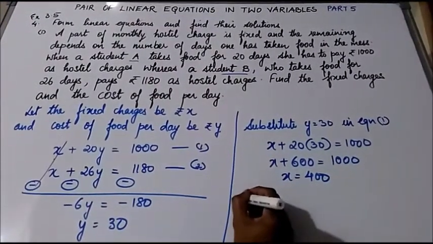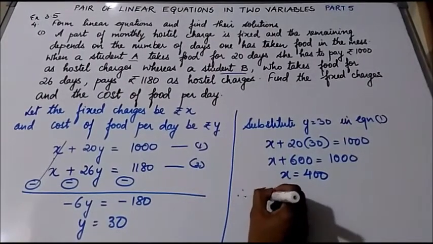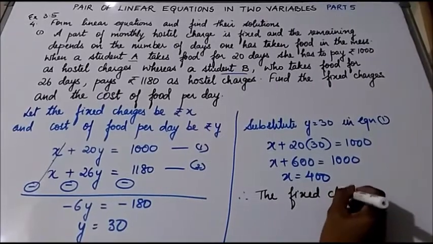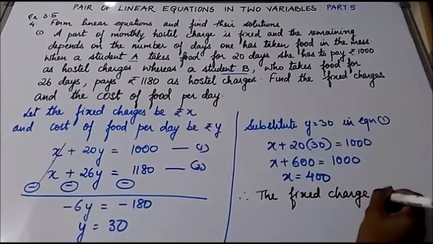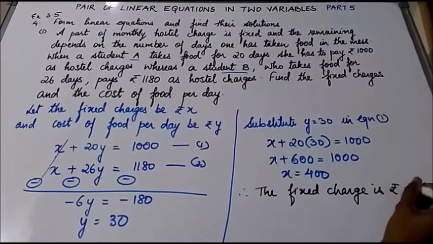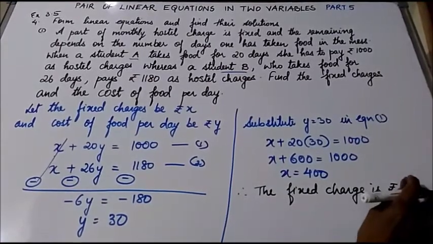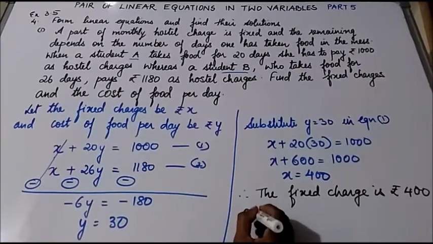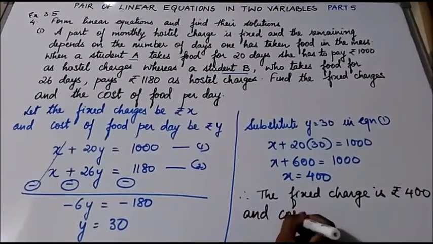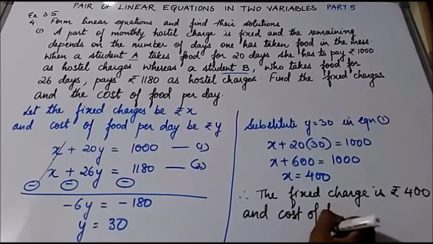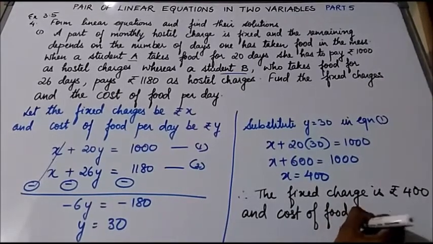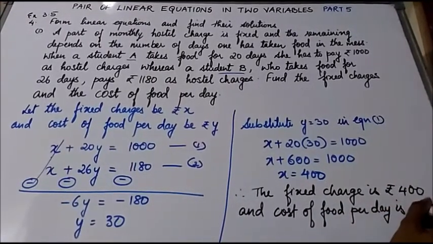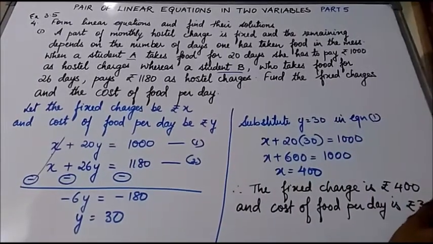Therefore, the fixed charge is rupees 400 and cost of food per day is rupees 30.